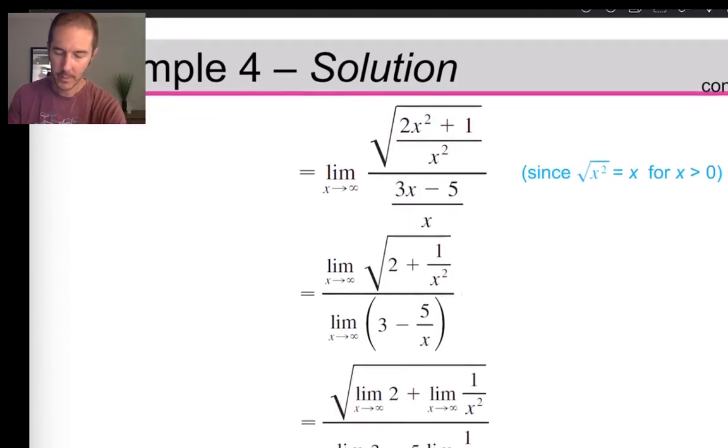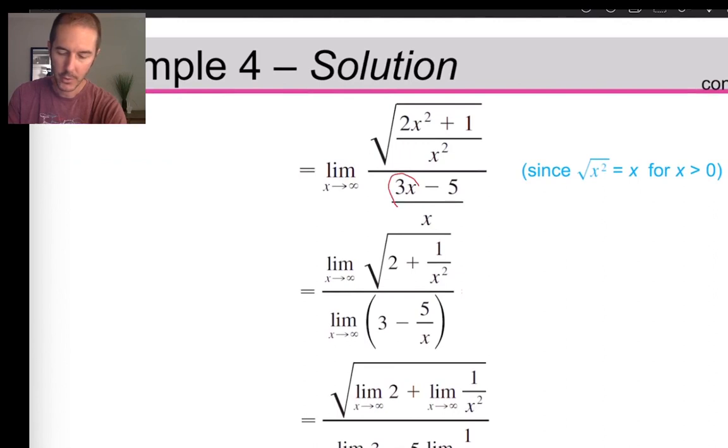In the denominator, we're distributing our division as well. The 3x divided by x reduces to just a 3, and this subtraction by 5 gets divided by x, can't simplify it, and so we still have the 5 divided by x.